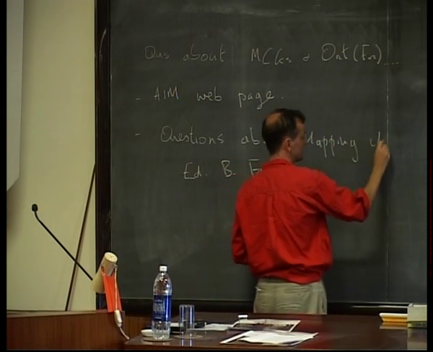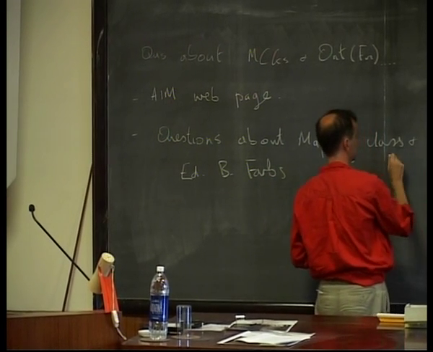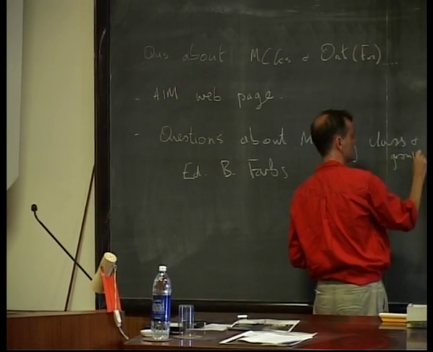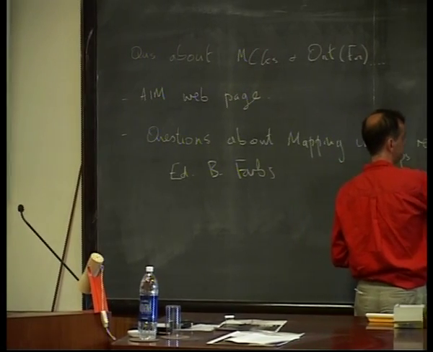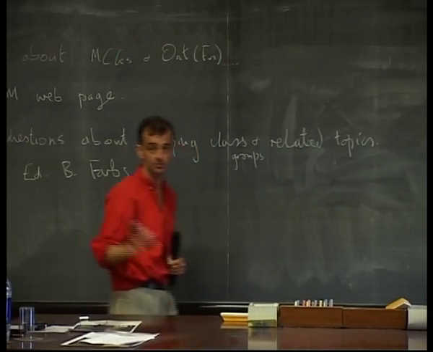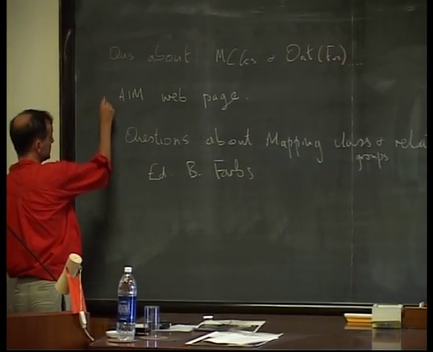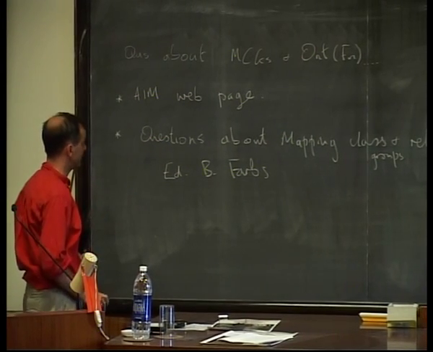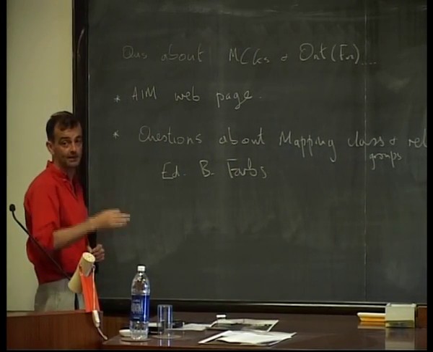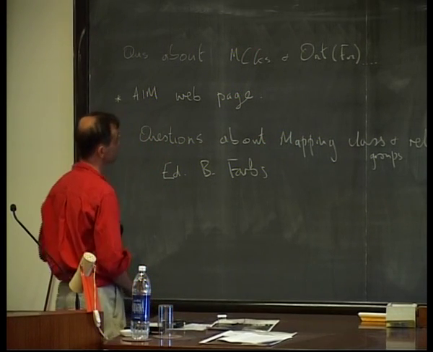Maybe it's mapping class groups and related topics. And this is a sequence of essays by various people. There's one by Aladdin, this one by myself and Karen Vogtmann, where people write little expository essays about aspects of these groups and then deliberately give a list of questions. So that's a very good place for questions.